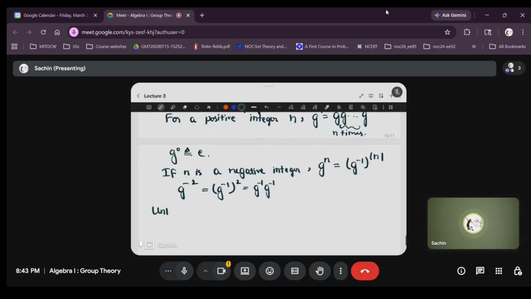And unlike real numbers, in an abstract group we do not allow non-integer exponents.